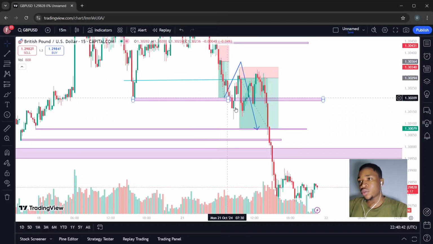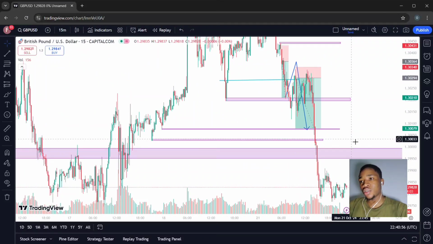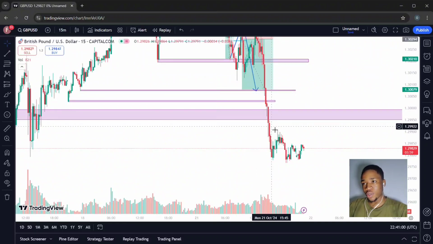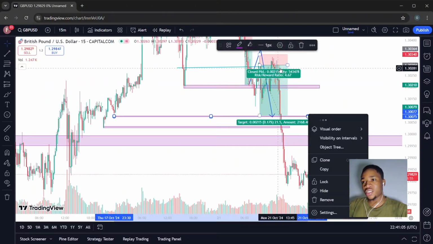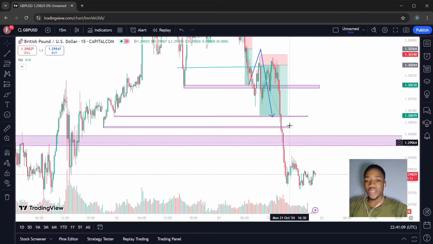It came down, we caught this, then it retested up back, then came back down, then for some reason it retested up and almost hit our stop loss, and then it finally sold. And it was massive. Just imagine having to catch these large pips here. Imagine how much money you would have made on that.